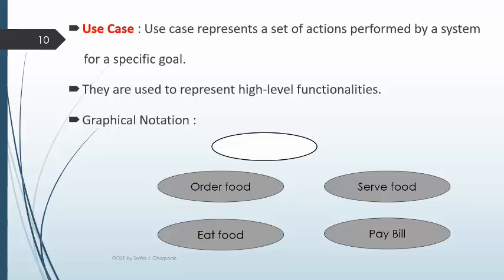Select the transactional details, and finally we will get the money, then we eject the card. So this could be said to be a sequence of actions we are doing to do a particular transaction. So a use case is nothing but it represents a set of actions performed by a system for a specific goal.